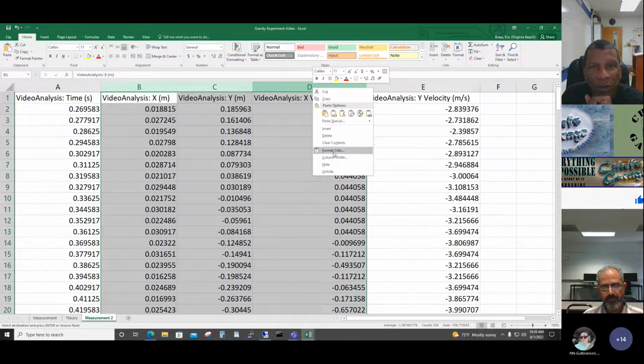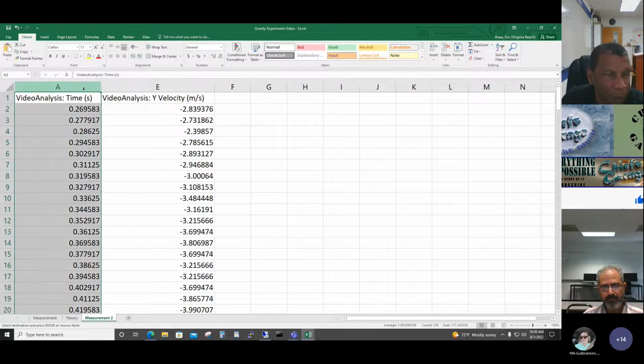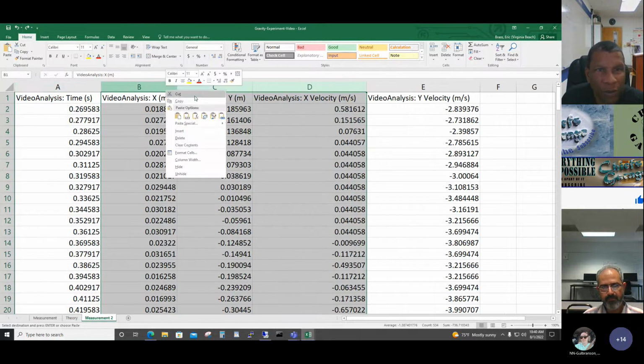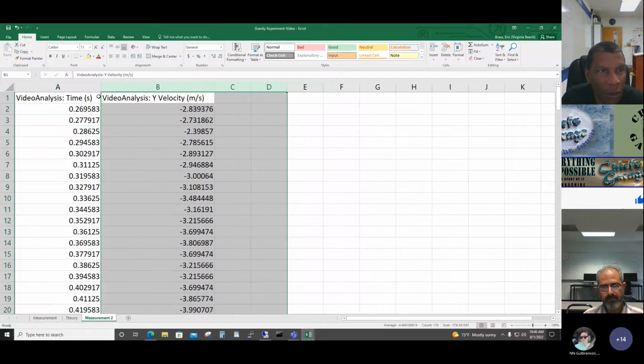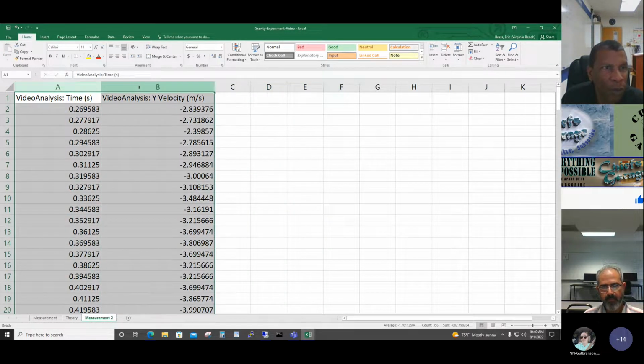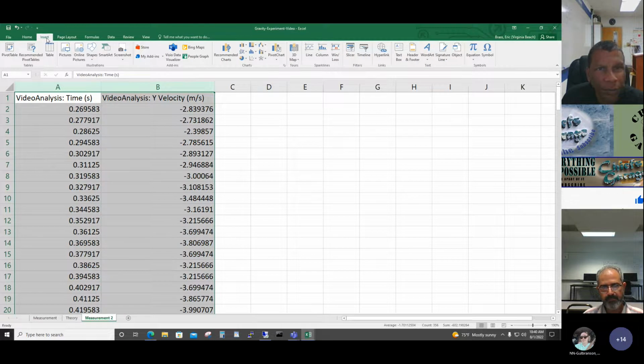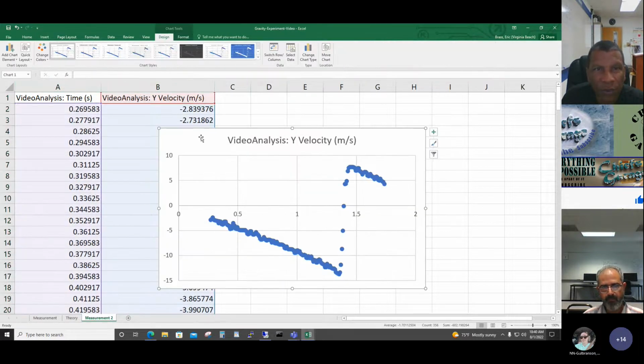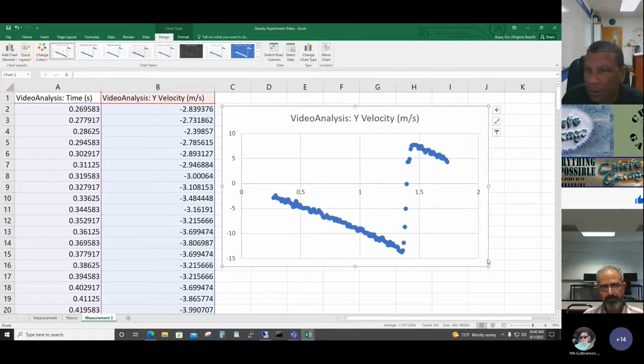I am just going to hide those columns. We're just going to use these 2 columns, and we want to chart those 2. I may not be able to chart them properly if I have those still there, so I'm just going to delete those columns. I'm going to select both A and B, go to Insert, and then go to this particular charting.